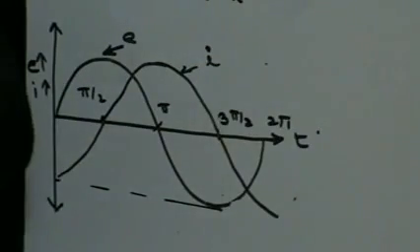If that is my EMF wave, then this is going to be my current wave. It can be seen very clearly that there is a 90-degree phase difference between the EMF and the current.